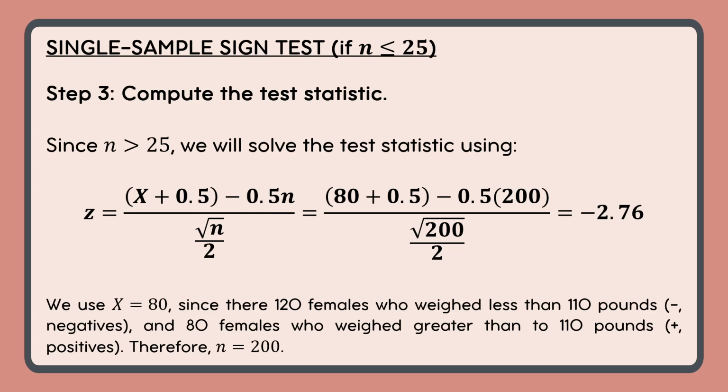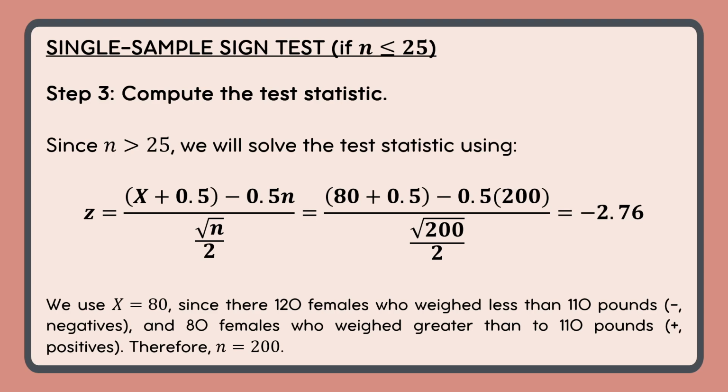To compute the test statistic, we will use the z-score since our sample size is greater than 25. So from this formula, we will use x as the smaller number of observed signs between the positive signs and the negative signs.